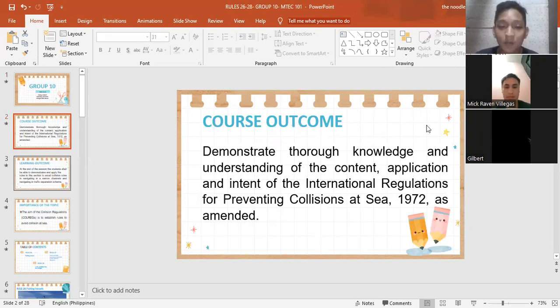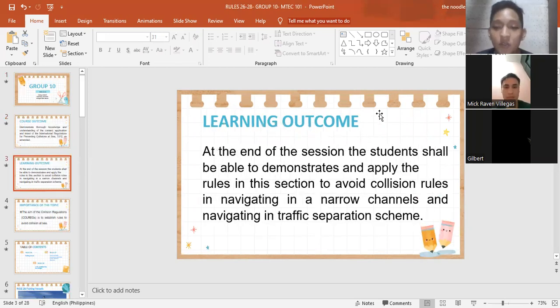Our learning outcome is that at the end of the session, the students shall be able to demonstrate and apply the rules in this section to avoid collision when navigating in narrow channels and in traffic separation schemes. We all know that narrow channels is in Rule 9 and traffic separation scheme is in Rule 10.